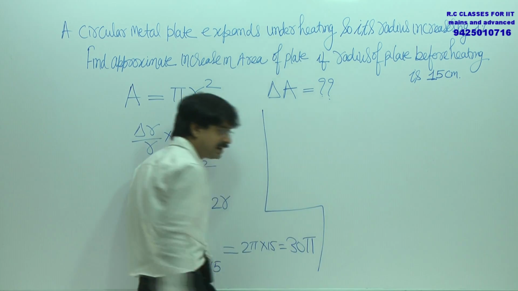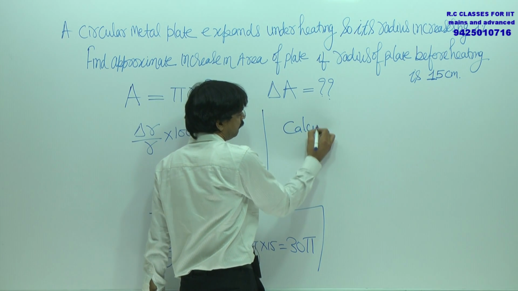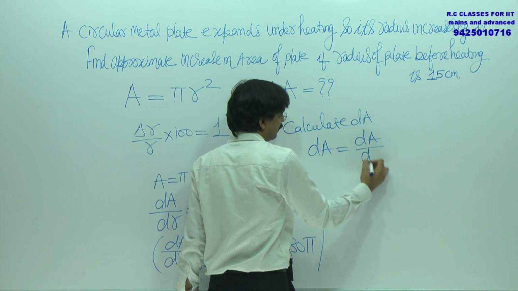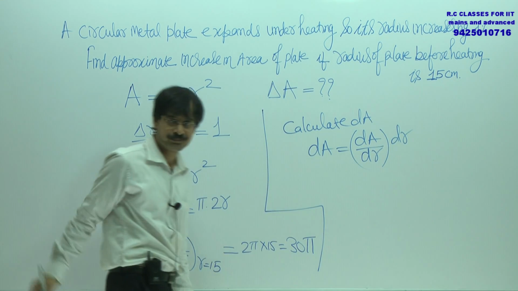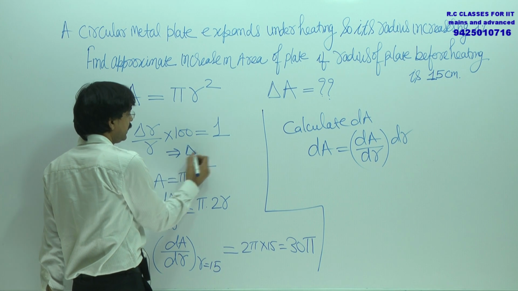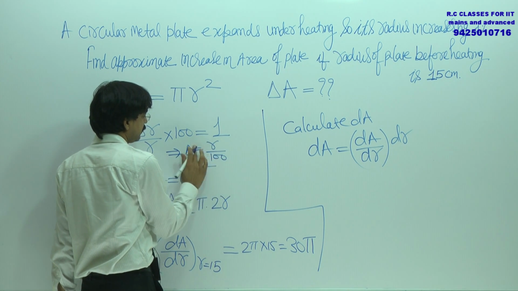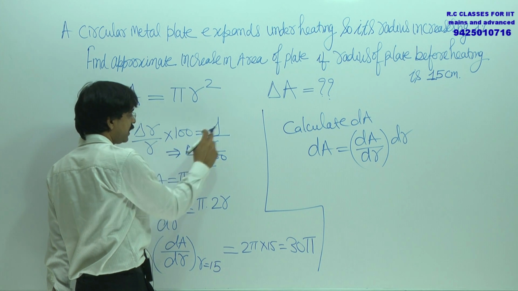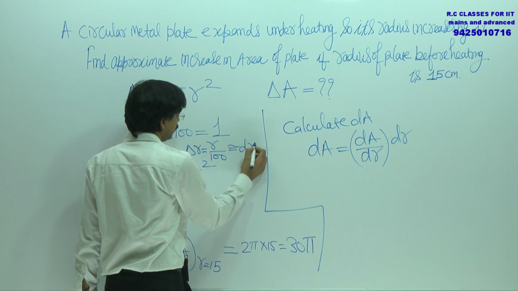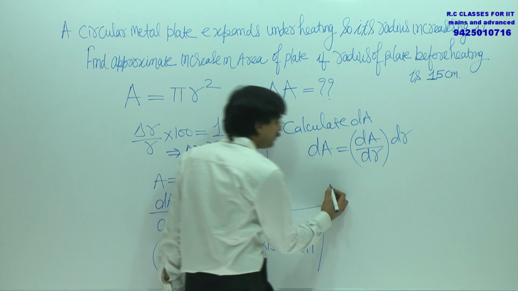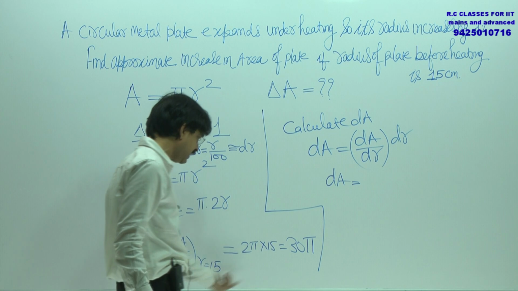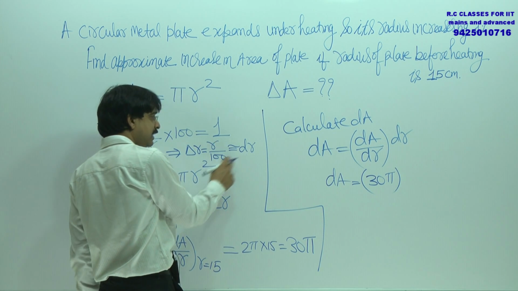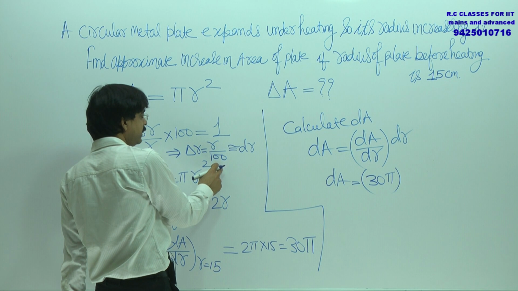We want to calculate the approximate change in area. So to calculate dA, dA is equal to dA by dr into dr. From here, delta r is equal to r by 100, and that is clearly equivalent to dr. So dA is equal to dA by dr, which at r equals 15 is 30 pi, and that dr is nothing but r by 100.